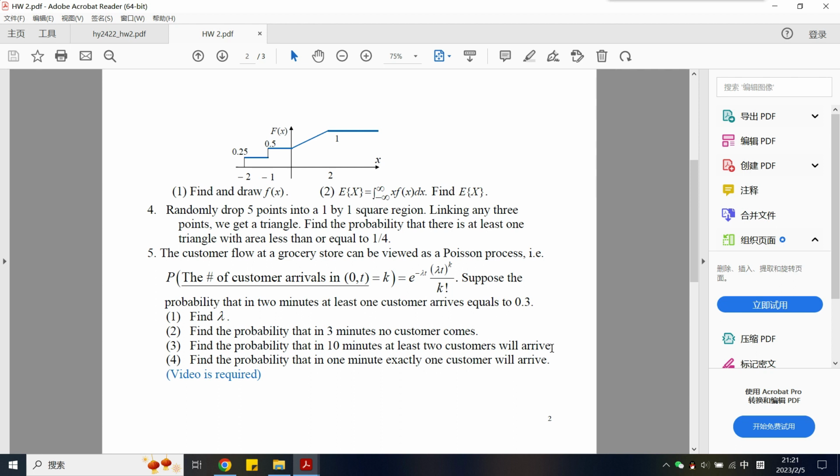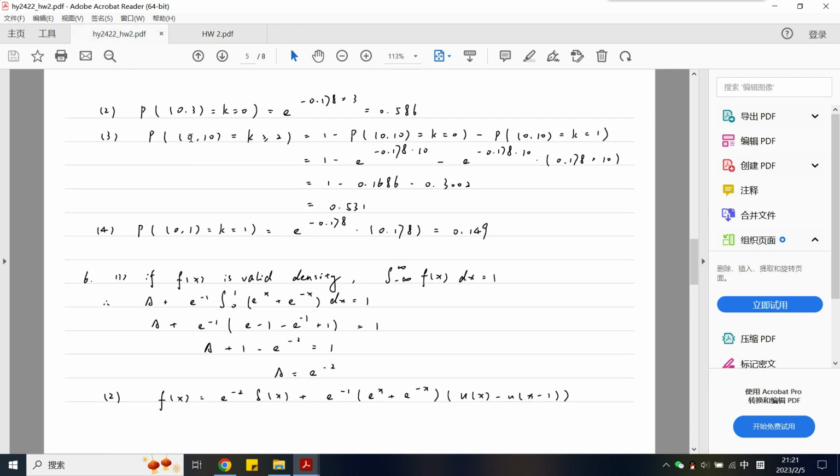So the third question is the same as the second question. The only difference is that at least 2 customers will arrive. So we can also imagine the opposite condition, which is there is only one customer, or there will be no customer.